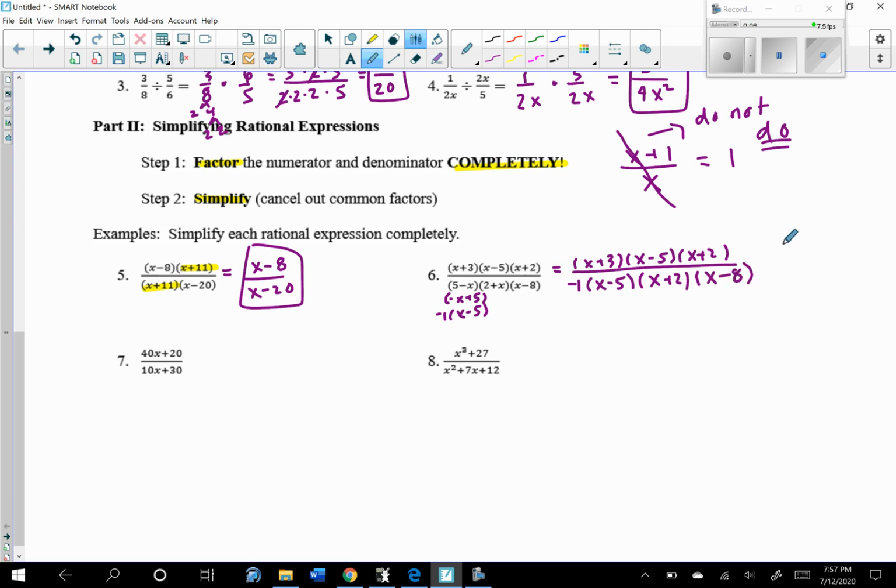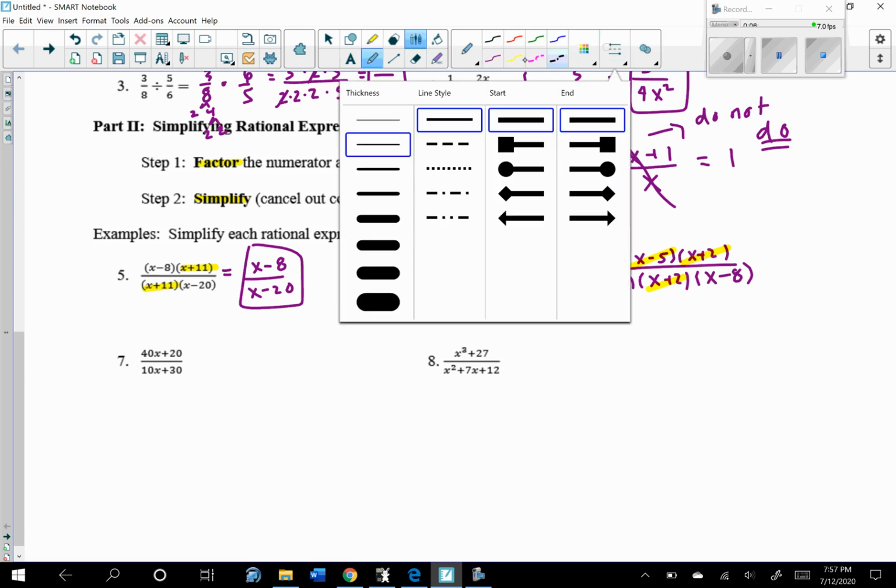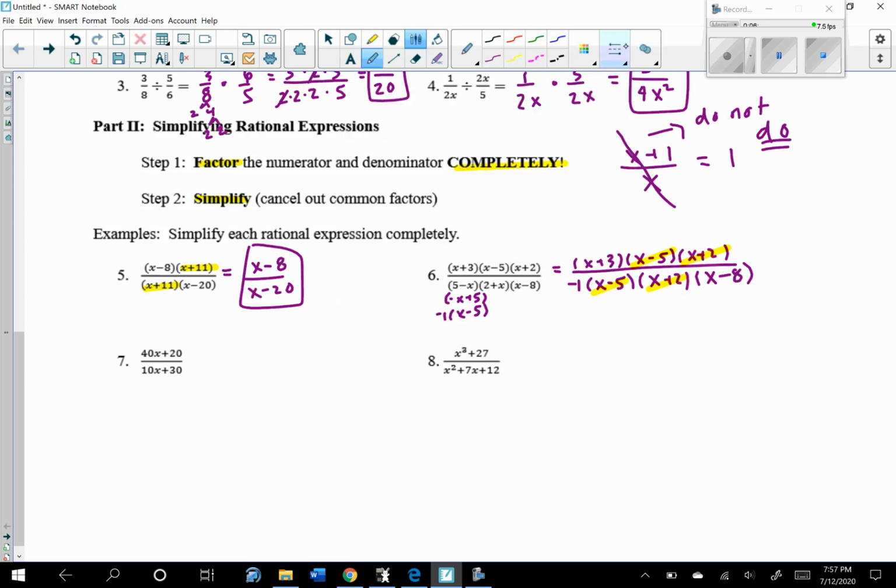Now I can look to cancel out common factors. I see that I have x plus 2 and x plus 2, x minus 5 and x minus 5. Those are my common factors. Then the next step would be to multiply across or just get what's left over. So x plus 3 is left in my numerator, and in my denominator, negative 1 times x minus 8.